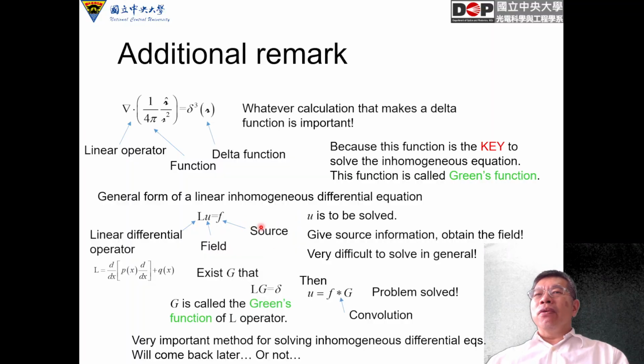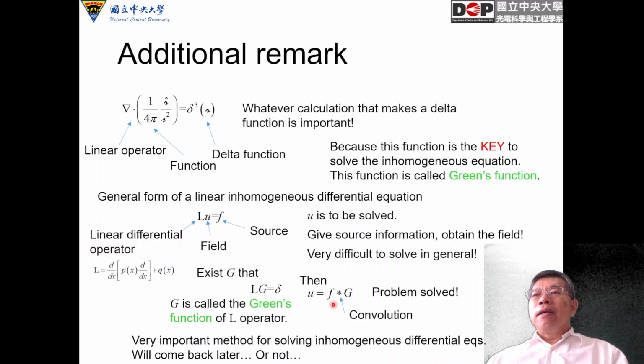If we are given a source distribution, we want to know the field. Delta functions serve an important role here. Given the source information, obtaining the field is very difficult to solve in general. But if there is a function G such that the linear operator acting on G equals the delta function, then the field we want to solve is simply the source, funny distribution or not, convolved with this function, the so-called Green's function.